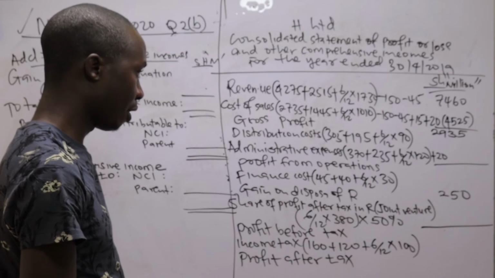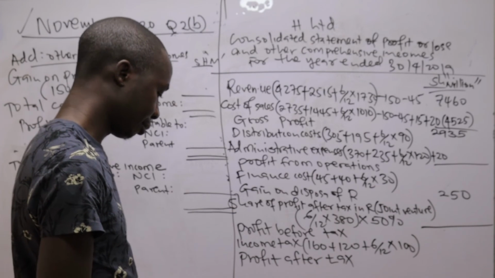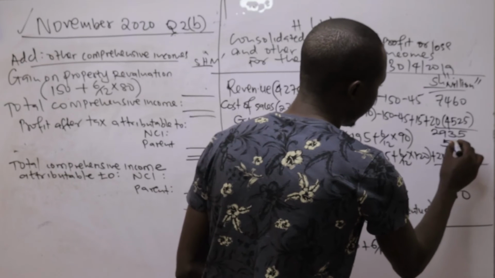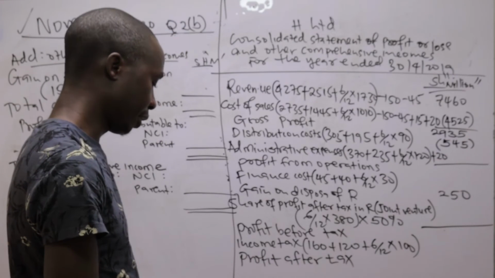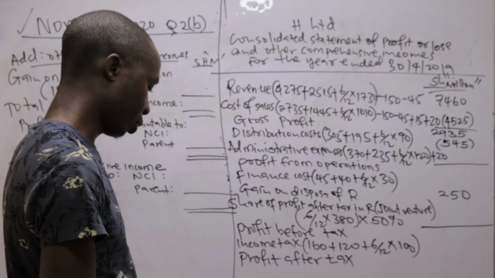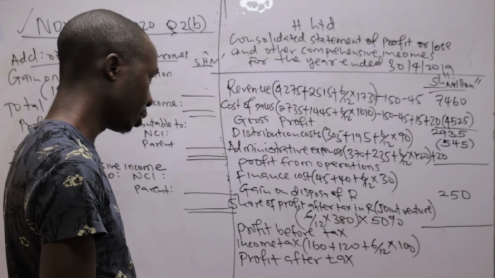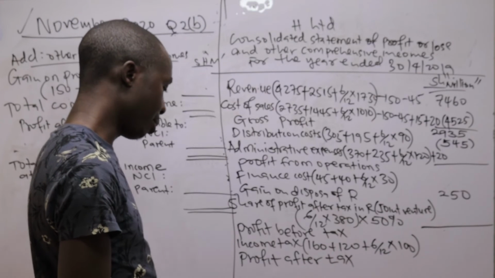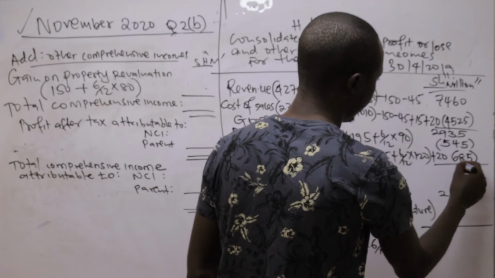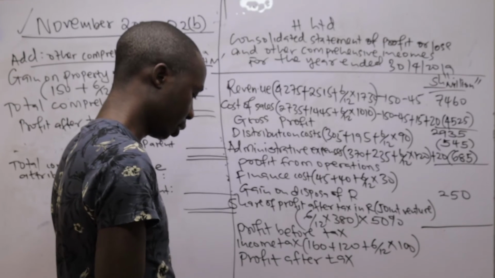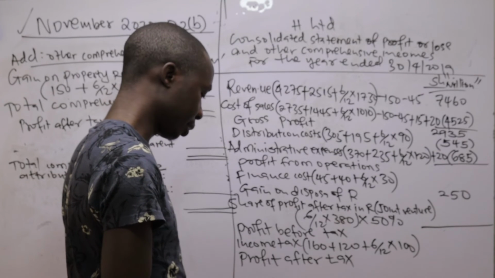Then 305 plus 195 plus 45. So this is 545. 370 plus 235 plus 60, because half of 120 is 60, plus impairment of 20, is 685. 2935 minus 545 minus 685.